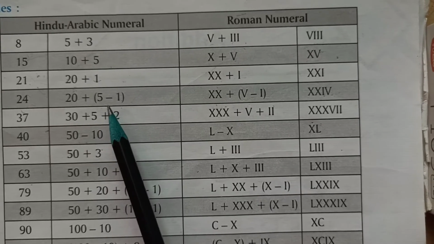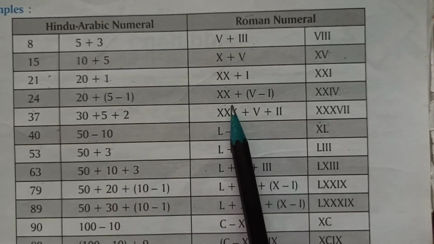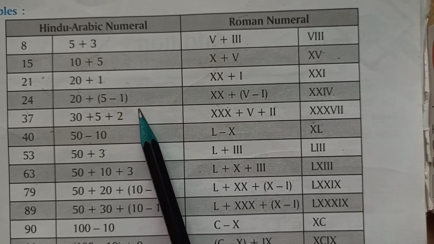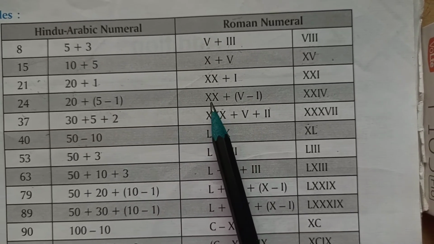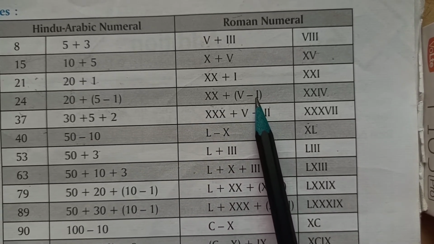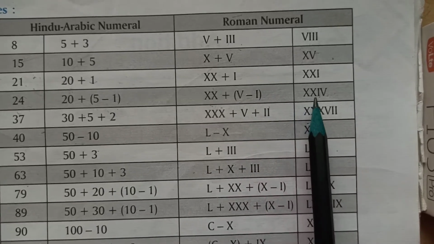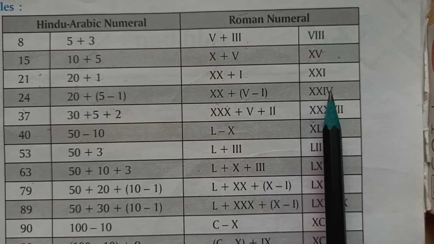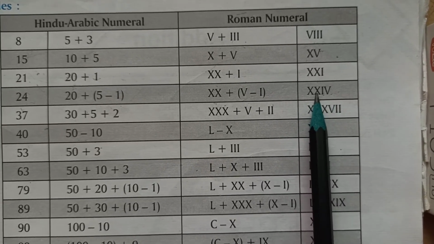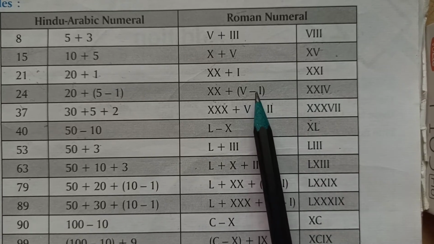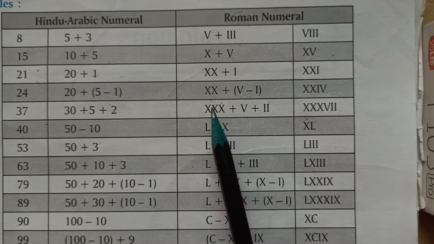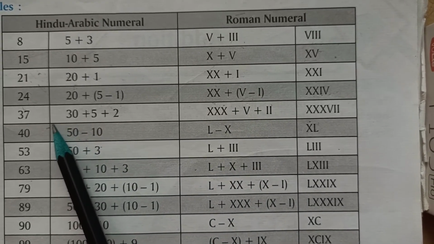How is it written? 20 is written as X 2 times, and as per the rule, the number of smaller value has to be subtracted from the greater number. That is, I will be subtracted from V. So I is to the left side of V. So X is 20 and I will be subtracted from V. That is V minus I means 5 minus 1, 4. 24.